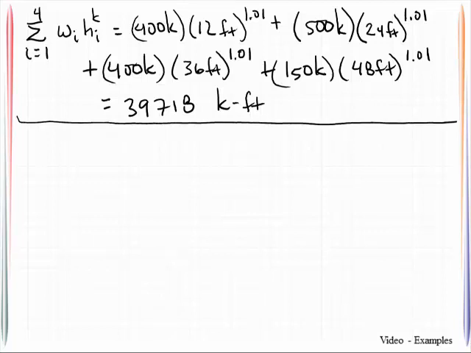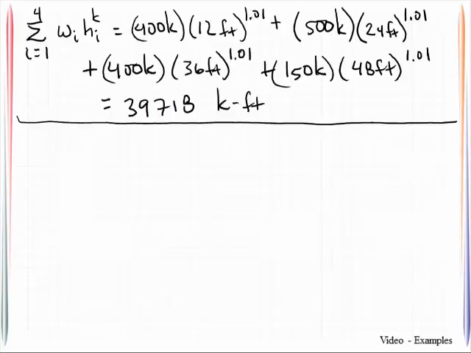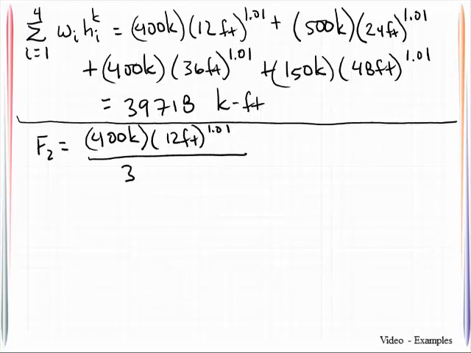And now what we want to do is go ahead and compute what the story forces are. And so that would then involve us also getting this numerator value for each of the individual cases. So the force at 2, take 400 kips, 12 feet raised to the power of 1.01, divided by that denominator, 39718, and then go ahead and multiply that by our base shear.